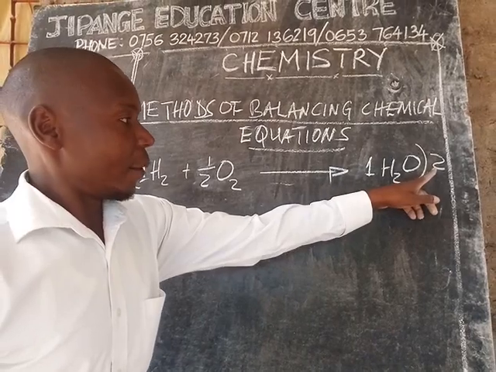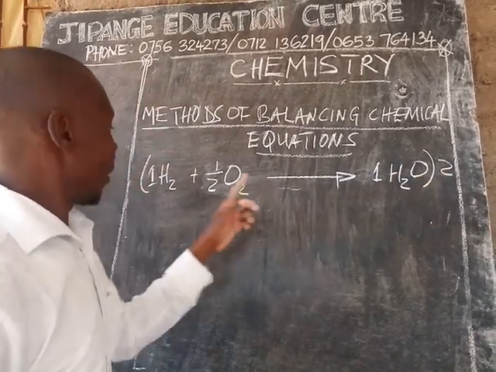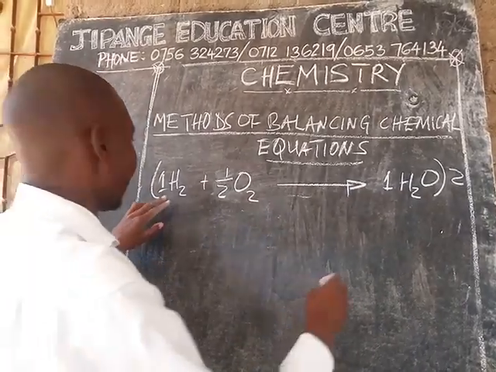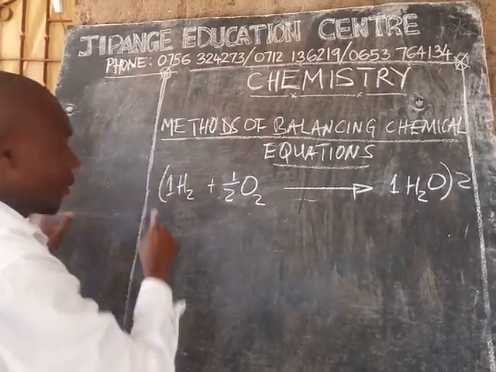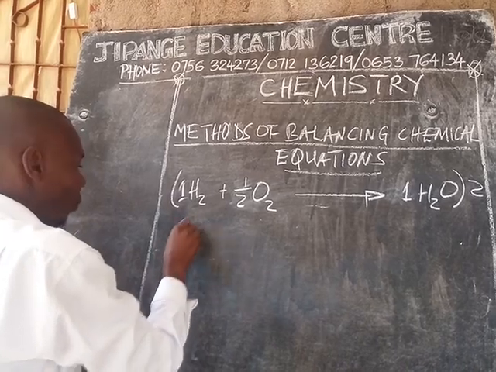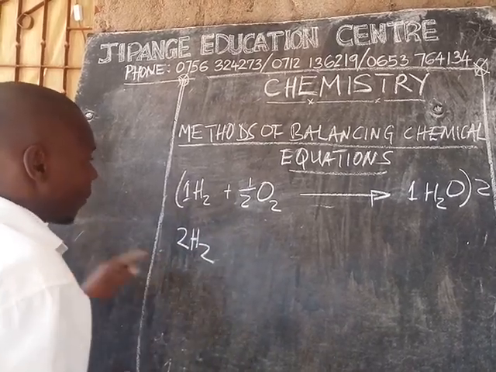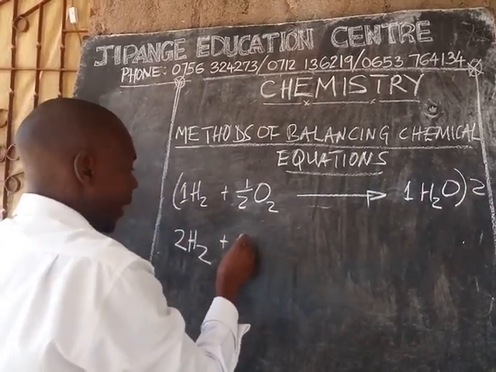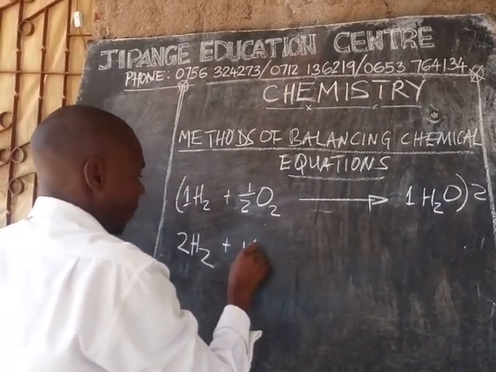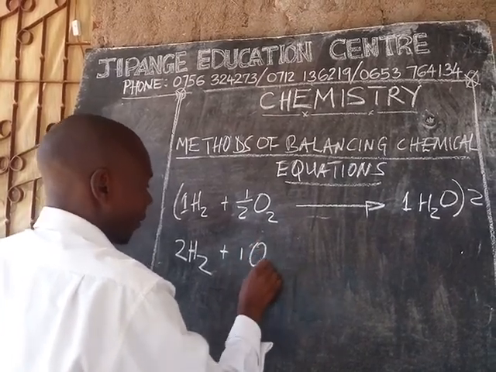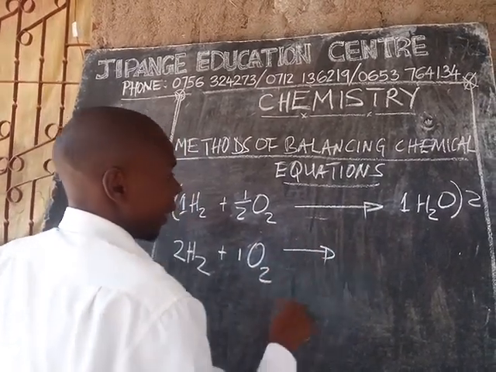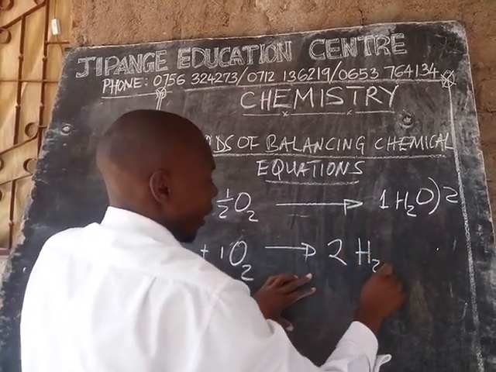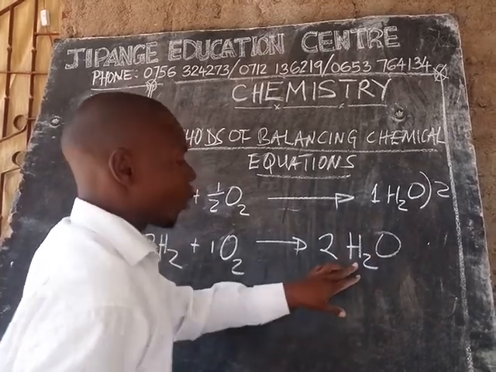So you multiply 2 by each of the coefficients in our equation. Therefore, 2 times 1, we get 2 hydrogen molecules, plus 2 times a half, we get 1 oxygen molecule, and then 2 times 1, we get 2 water molecules.